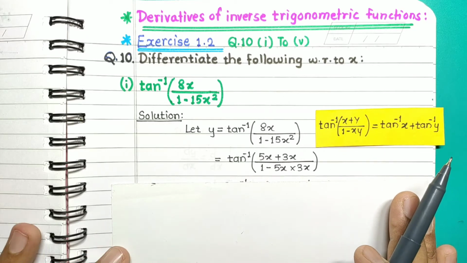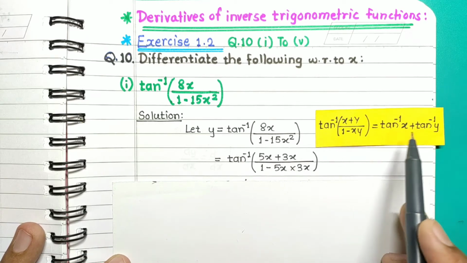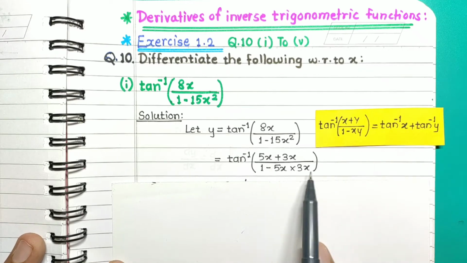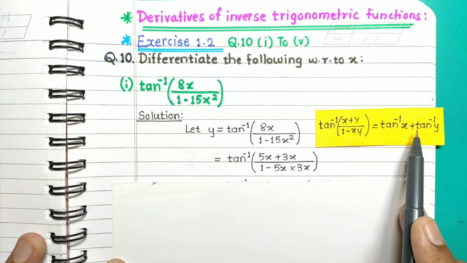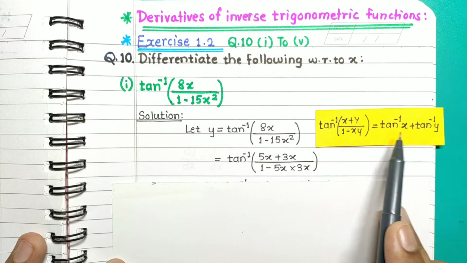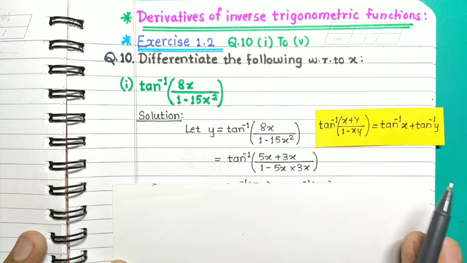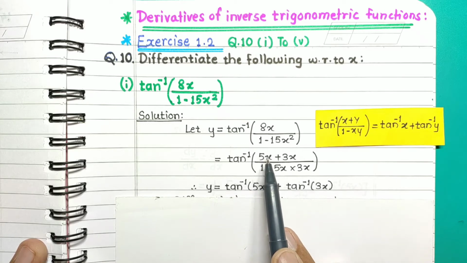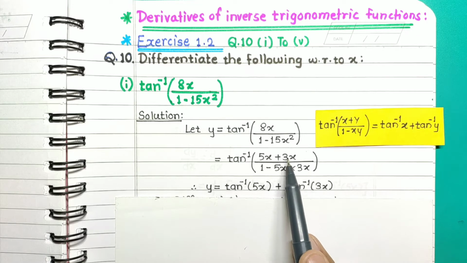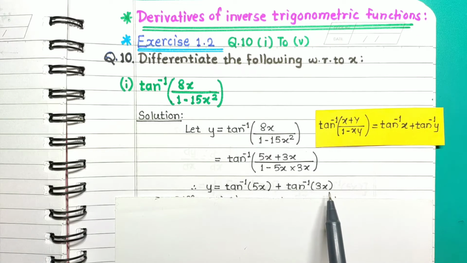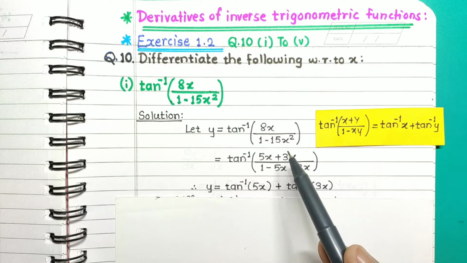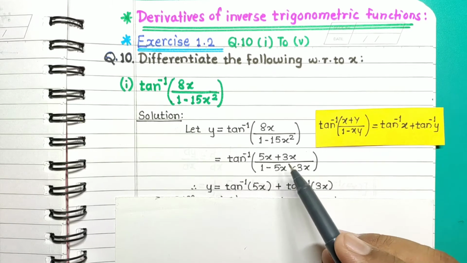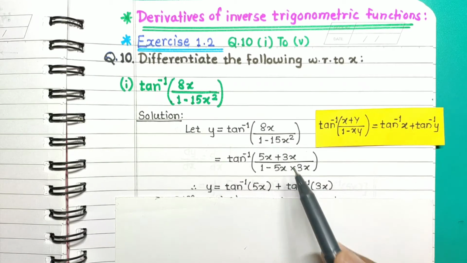Then using this property we can split this function like tan inverse x plus tan inverse y. So here we can write y is equal to tan inverse of the first term 5x plus tan inverse of the second term 3x. It is not difficult to observe these things, it's very easy.